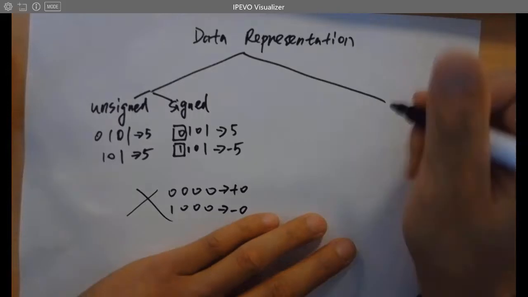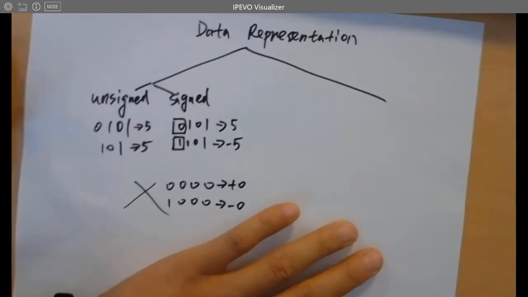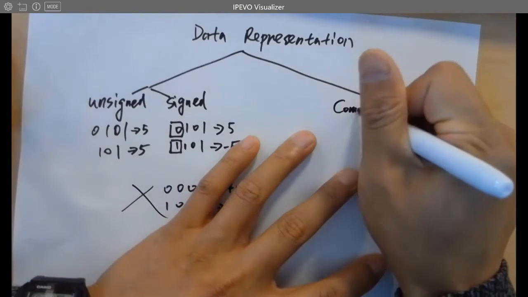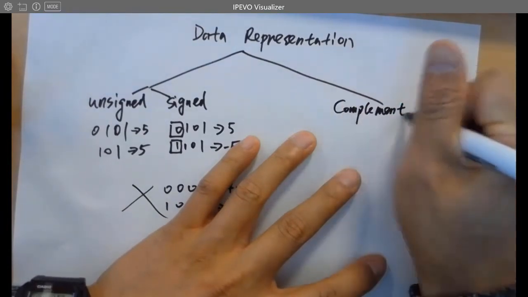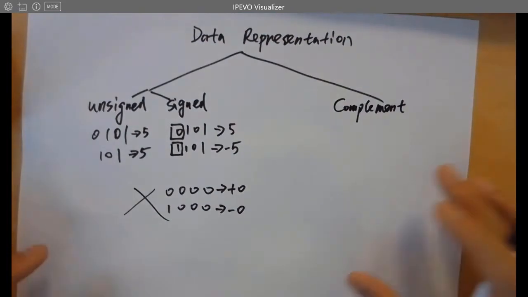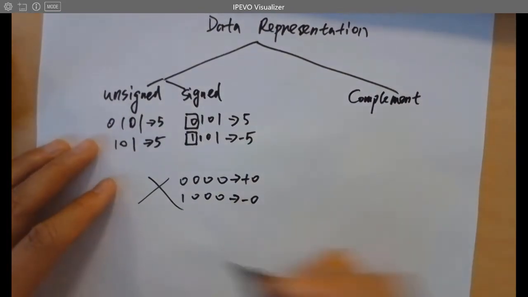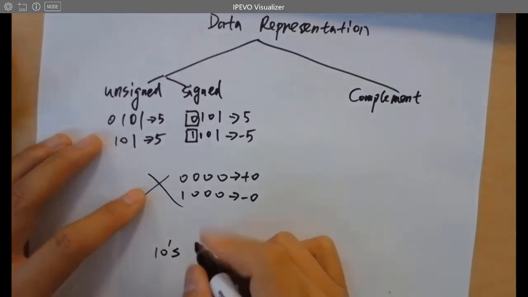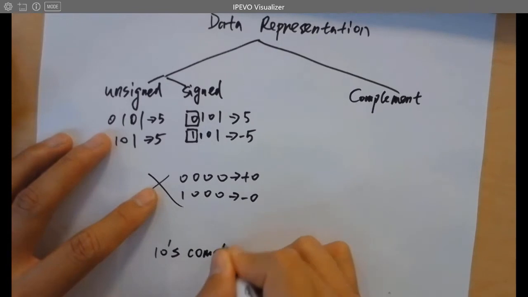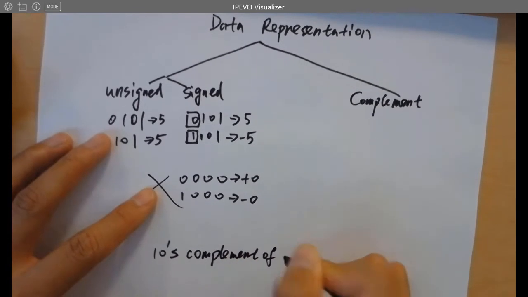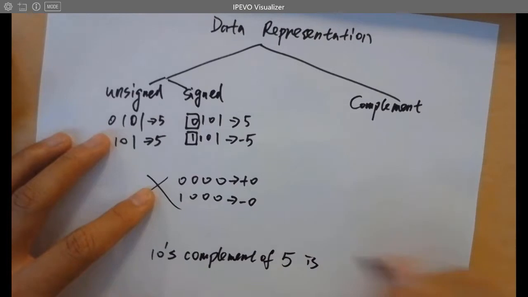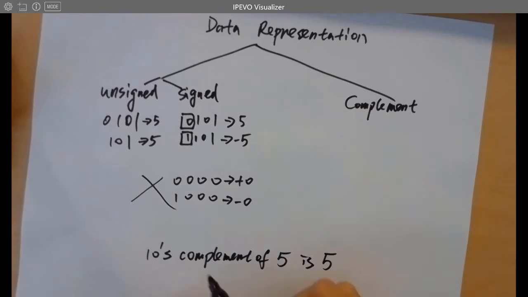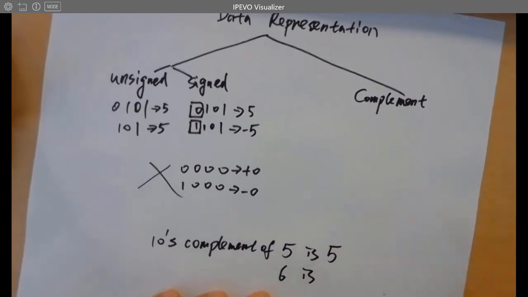And there's another version called 1's complement. The concept of the complement, I'll give you some examples in decimals. For example, the 10's complement of 5 is 5. The 10's complement of 6 is 4.